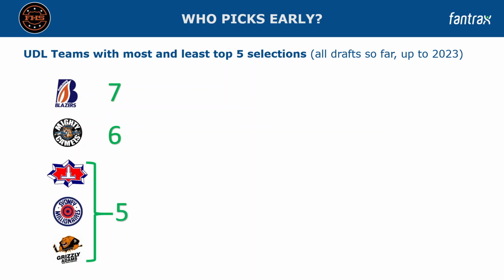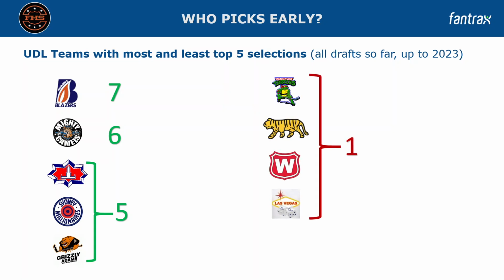And then we have Halifax, Sydney, and Wolfsburg with 5 selections each in the top five. And on the other end, who has had the least? The Turtles, who are somewhat famous for their tough draft lottery luck, have had one selection in the top five, as many as Hamilton, Montreal, and Las Vegas.